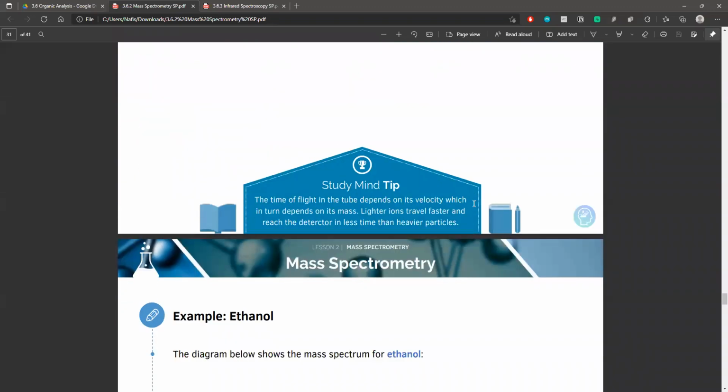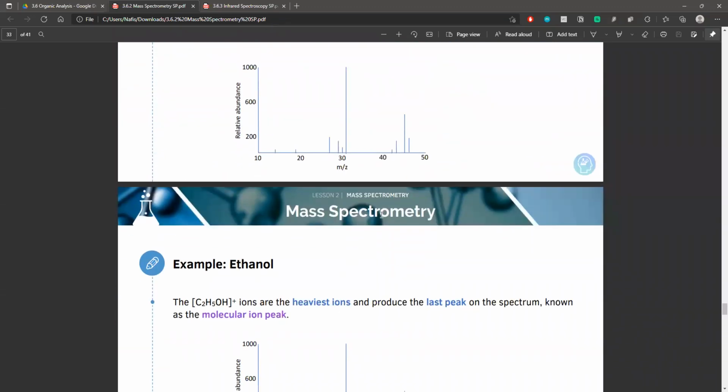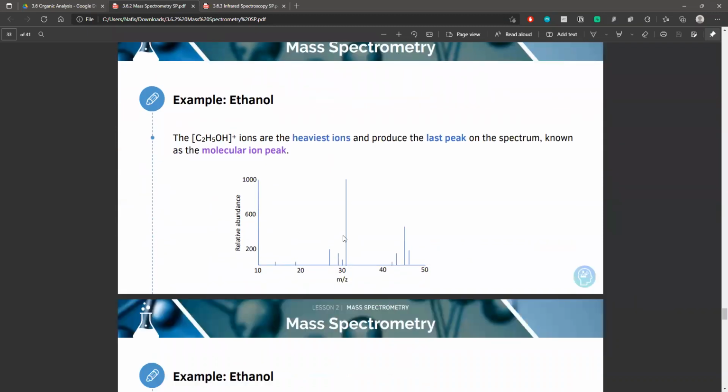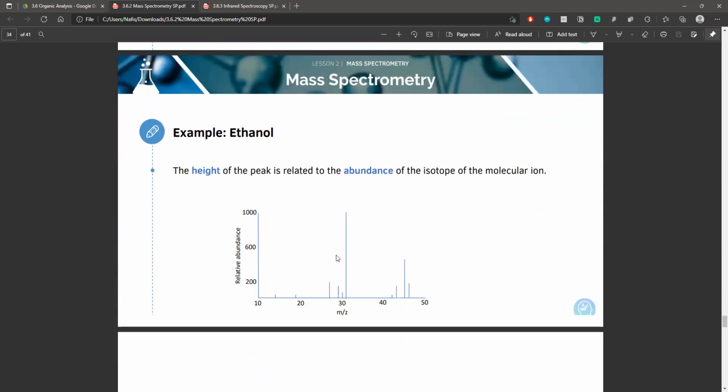Now, remember what you need to know. The molecular ion peak is the peak furthest to the right. That's the heaviest peak, and so the last peak, and it will give you the Mr of the compound you're looking for. So whenever you're approaching a question like this, the main things to look for in a mass spec are the Mr right at the end and the molecular ion peak.